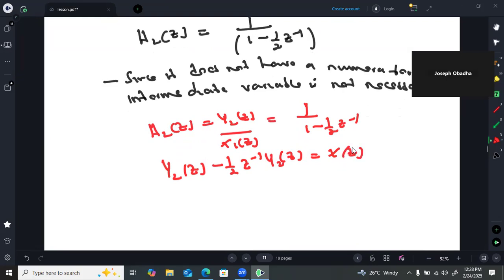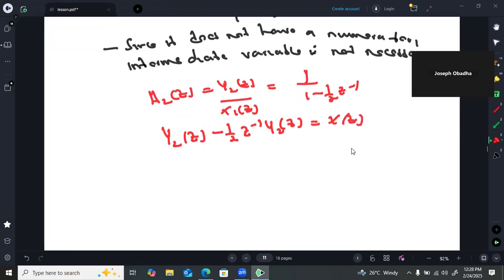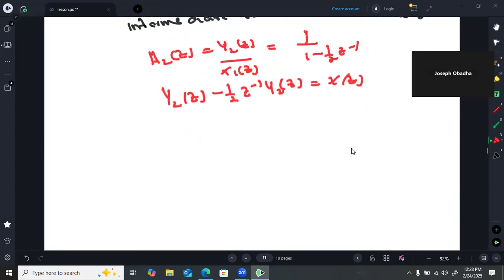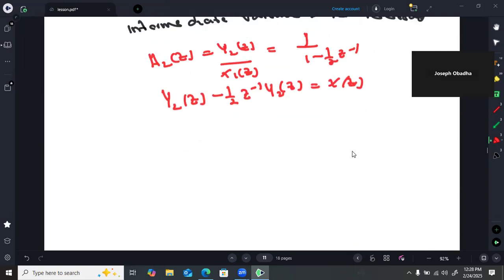Or in time domain, because you realize when we are doing the diagrams, we go back to the time domain in either direct one or direct two implementations. So we'll have Y2(n) minus a half Y2(n minus 1) equal to X2(n).